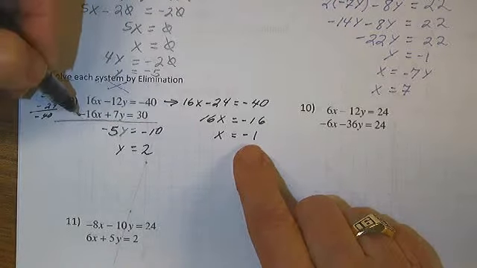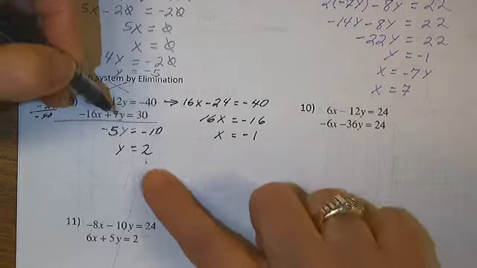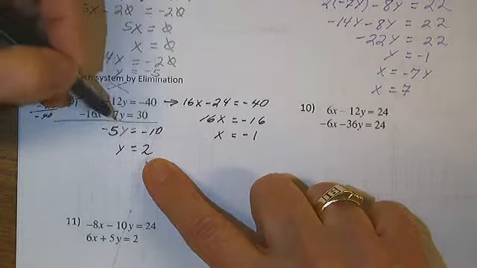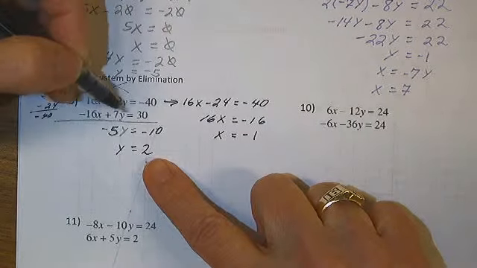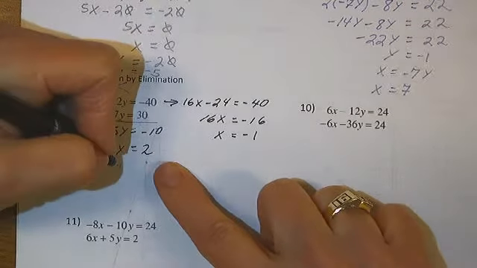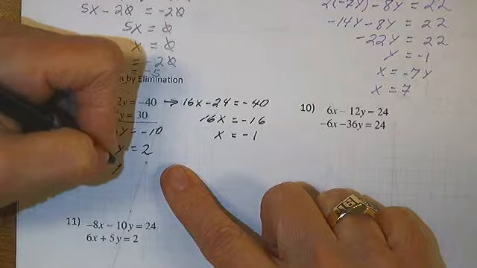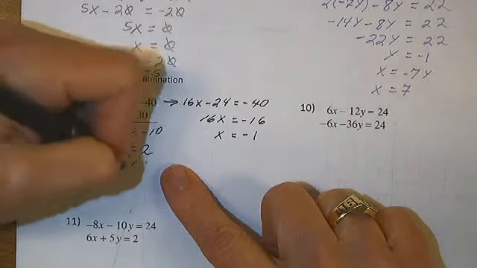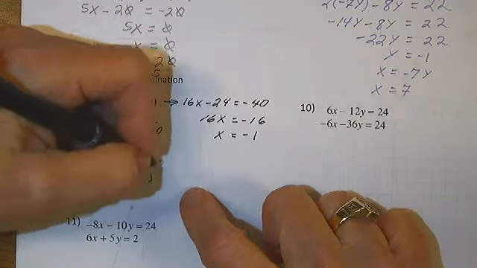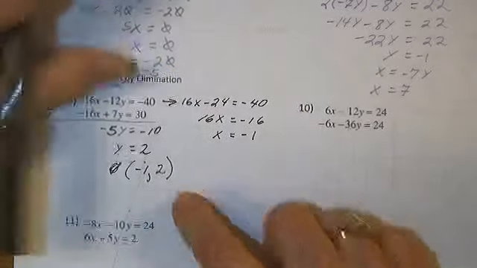Negative 1 times negative 16 is positive 16. 16 plus 14, 7 times 2, 16 plus 14 is 30. So we are right and we can prove it. Our solution is negative 1, 2.